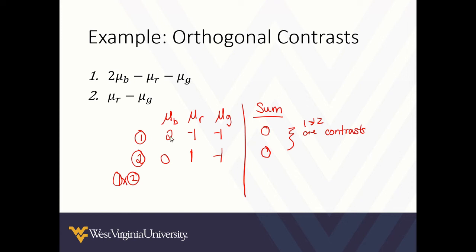So simple: 2 times 0 is 0. -1 times +1 is -1, and -1 times -1 is +1. Add it together and we get 0. Therefore, our two contrasts are mutually orthogonal.